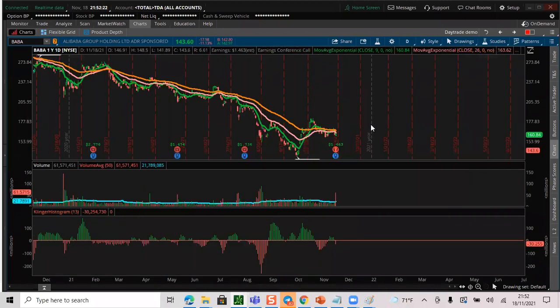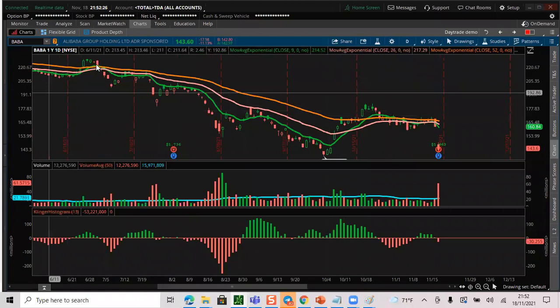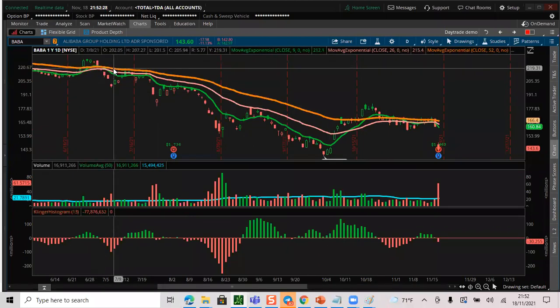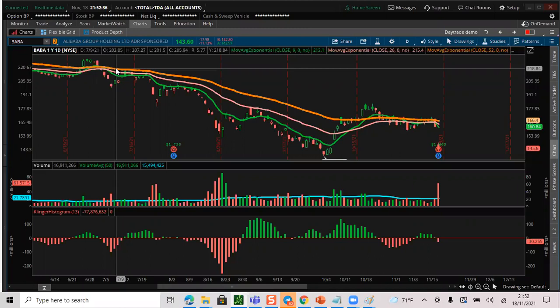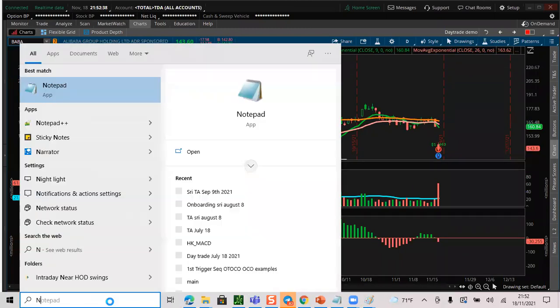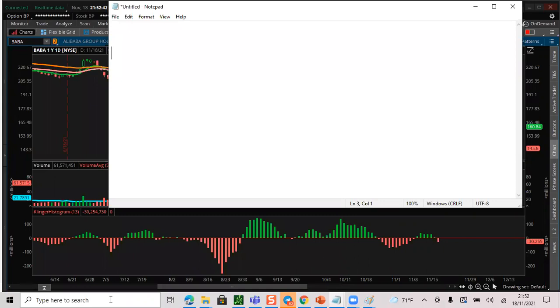If you look at it on a daily, this is the 52 EMA, and this is 26, and this is 9. And the moment you see the 26 and 9 are below 52, I stated this earlier too, right?